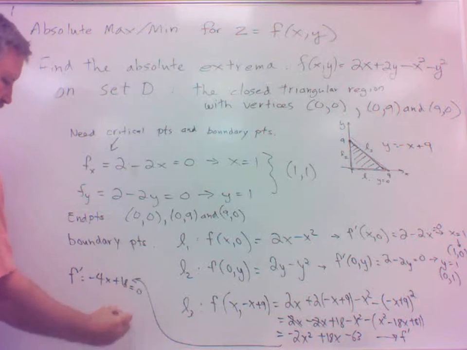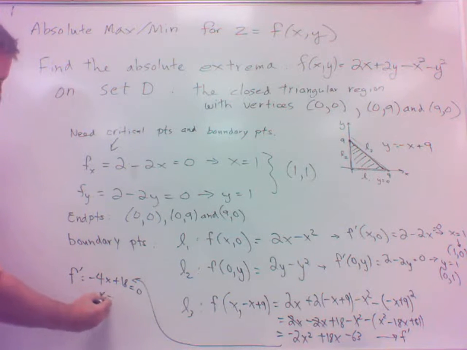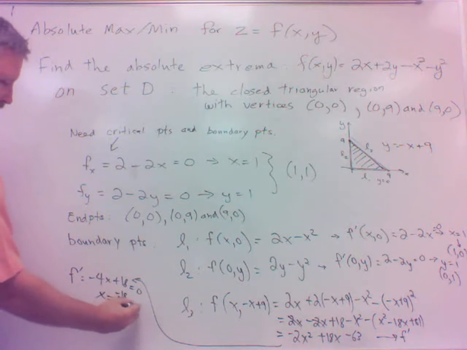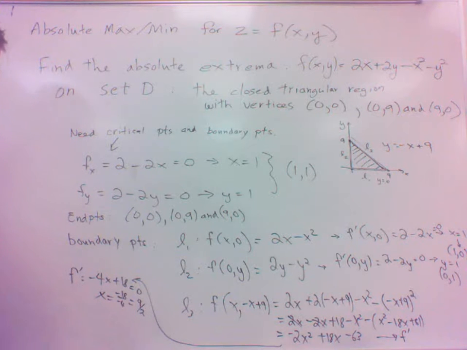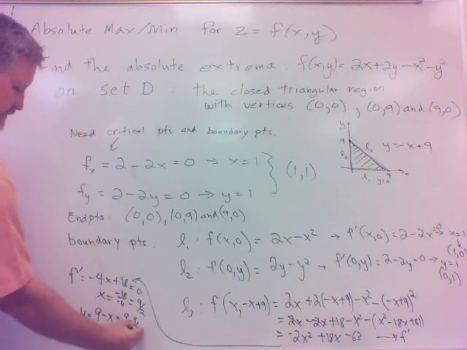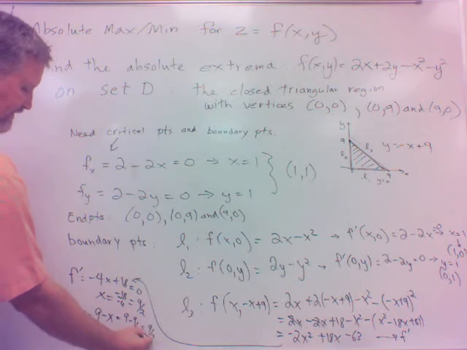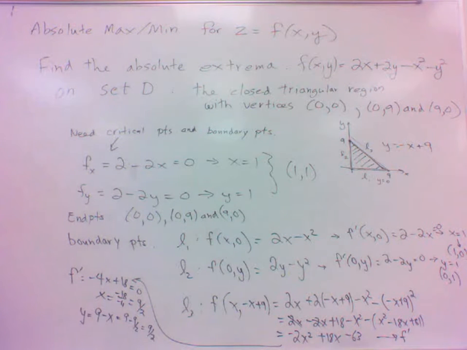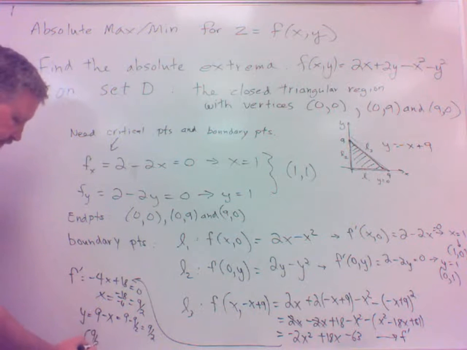So we set that equal to 0, and that gives us x equals negative 18 over negative 4, which is 9/2, which would make the y, since y is 9 minus x, 9 minus 9/2, which is 9/2, okay? It would be 9/2, 9/2, right there.